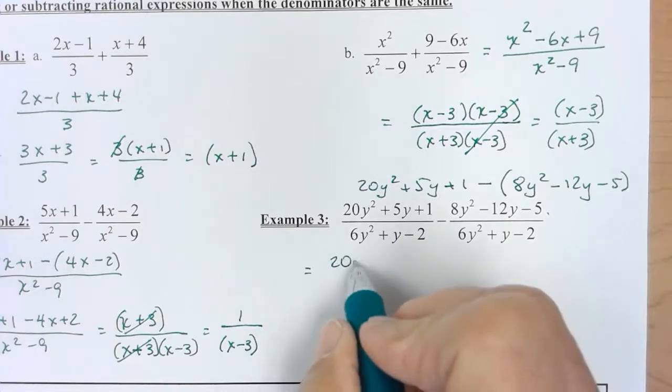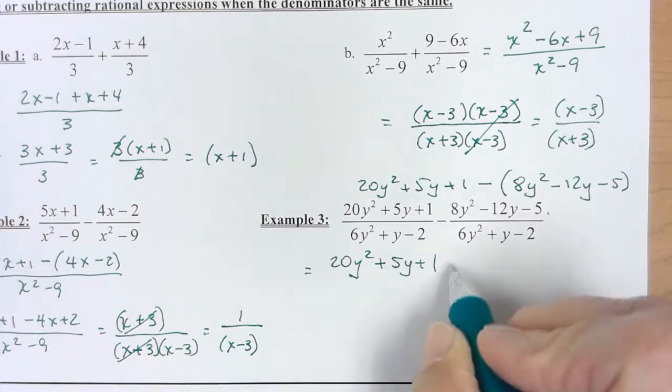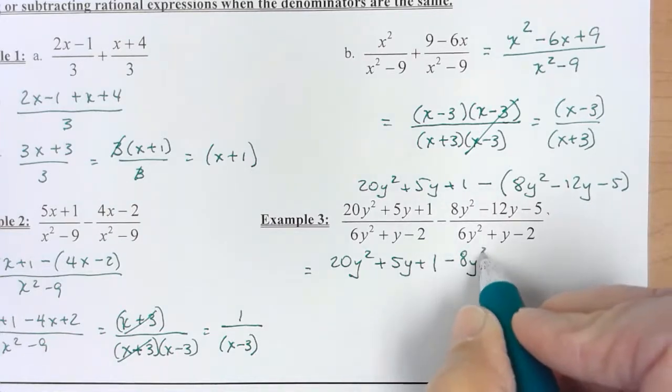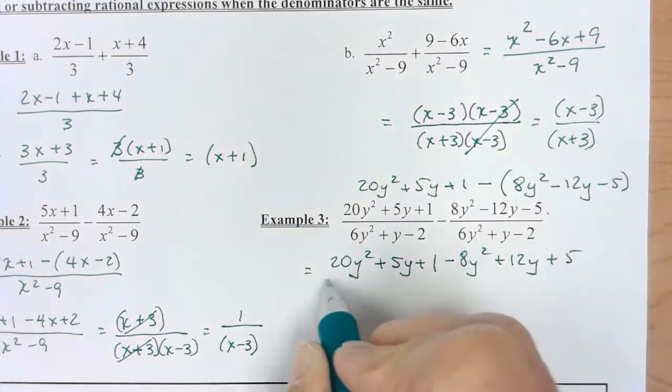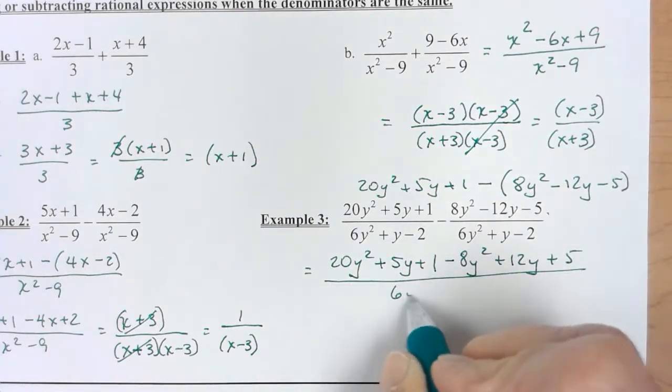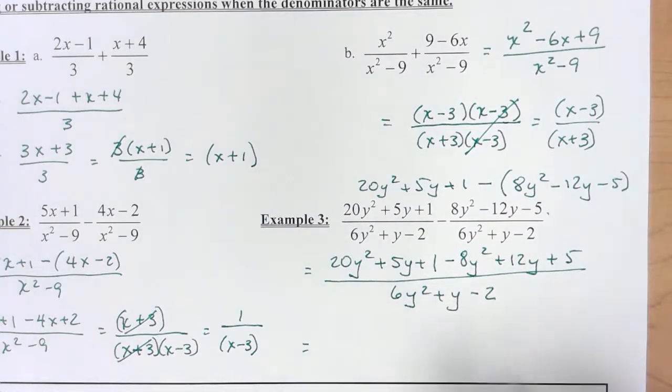Down here, you do need to do as much work as you need in order to get the problem correct. So that will give me a 12y squared plus 17y plus 6 all over 6y squared plus y minus 2.